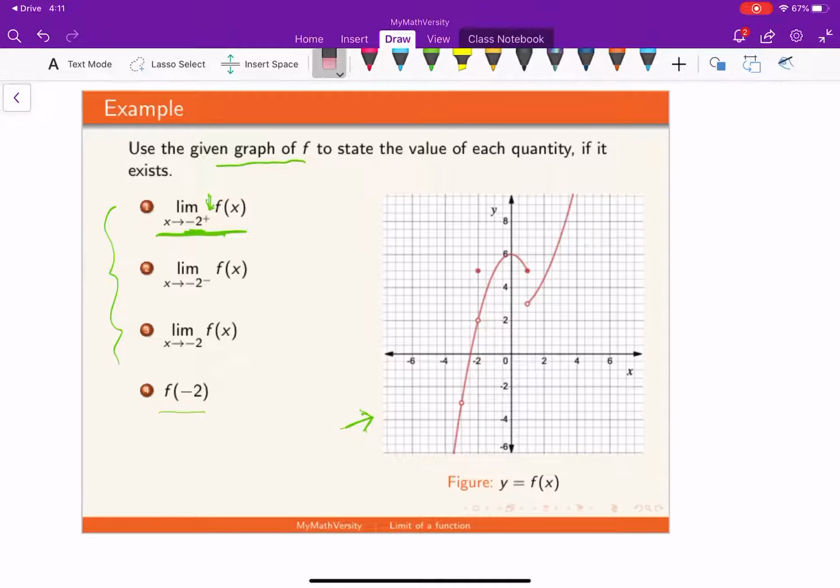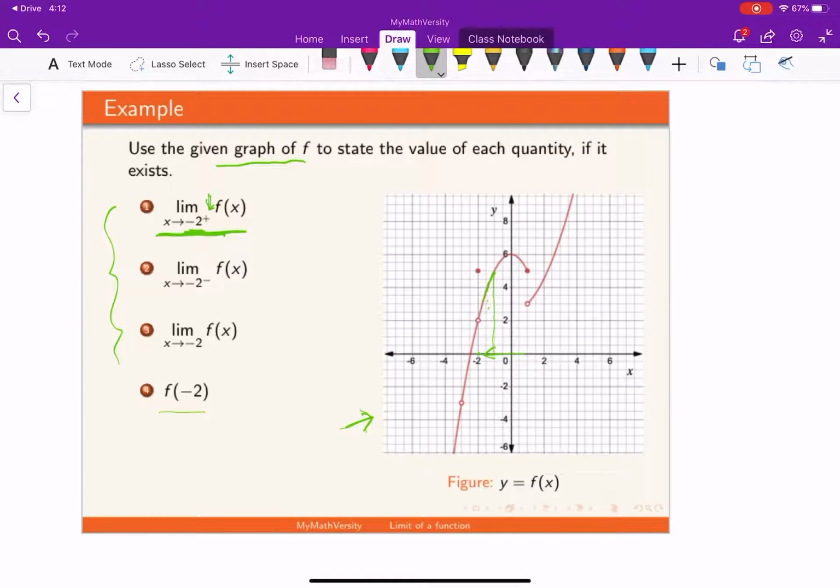Since our goal is to find the limit of this function when x gets closer and closer to -2 from the right side, -2 is somewhere over here on the x-axis. Let's get closer and closer to -2 from the right side. Whenever we do, you can see the height of the curve is determined by this curve.